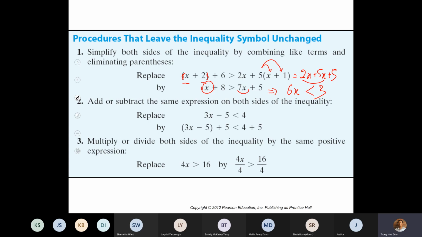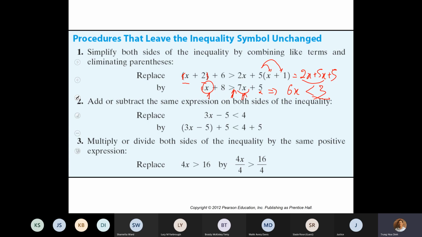Is that correct? You cancel 1x from both sides. And you cancel 5 from both sides, right? Is that right? So we get 3 greater than 6x. That is equivalent to 6x less than 3. Is that right?